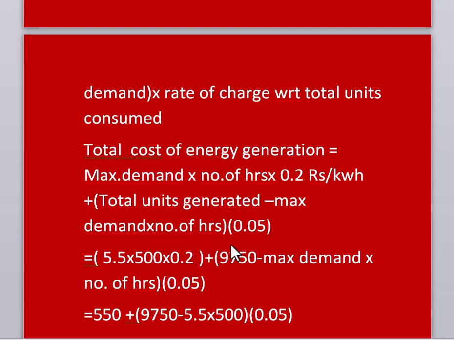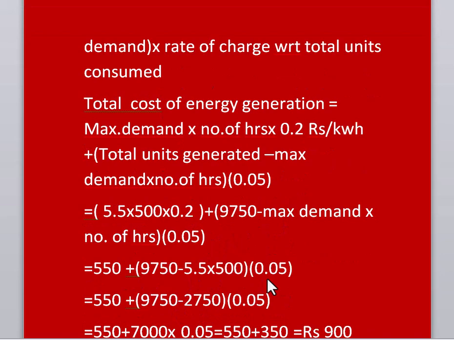Next, we know the total energy consumed is 9750 units. In that, the number of units consumed based on maximum demand was just calculated here. The same value has to be substituted, that is maximum demand into number of hours into 0.05.